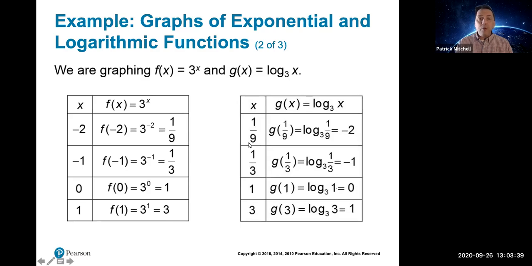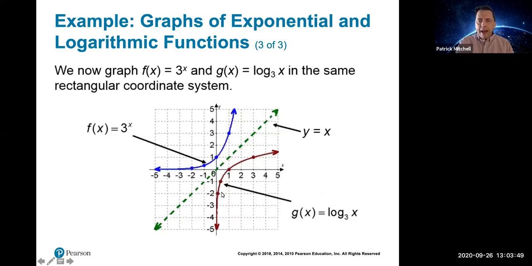So now if you reverse the x and the y, you get 4 points that are on the graph of g of x equals log base 3 of x. And so that graph looks like this. Remember also that when you graph two inverse functions on the same coordinate system, they are reflections of each other across the line y equals x.